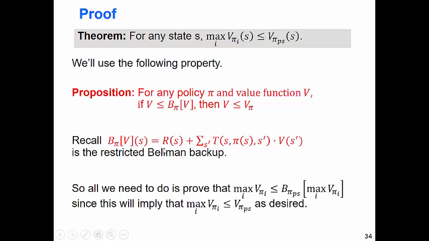The restricted Bellman backup takes the reward plus what you get if you follow that policy, and then you get value v after that. If you can show that this value function, put through the restricted Bellman backup for policy pi, has this monotonic property, then you can say that the value of pi is at least as good as v.